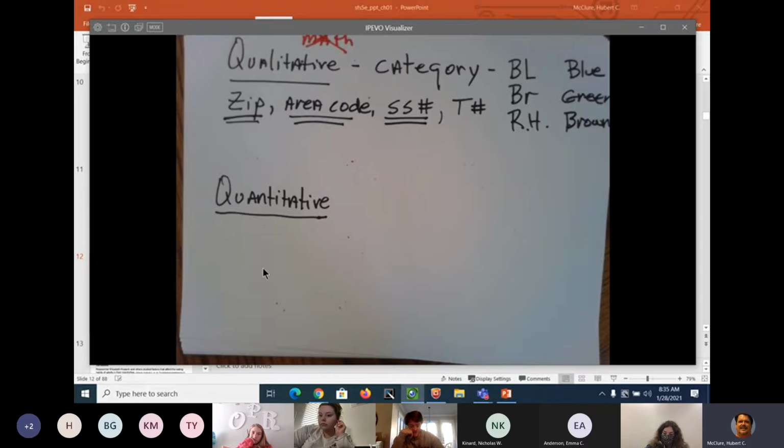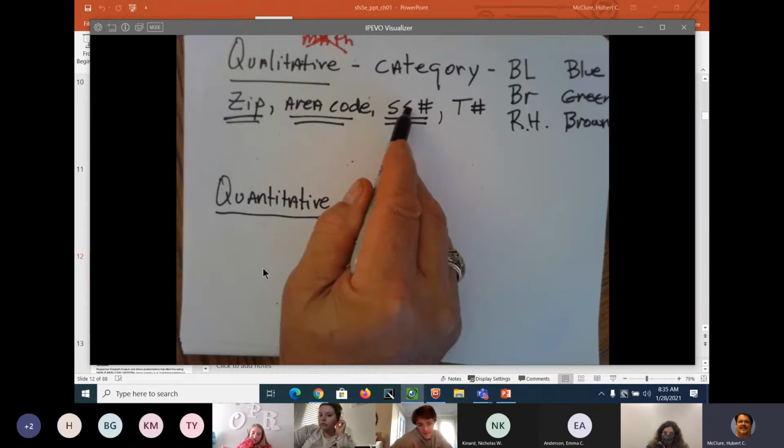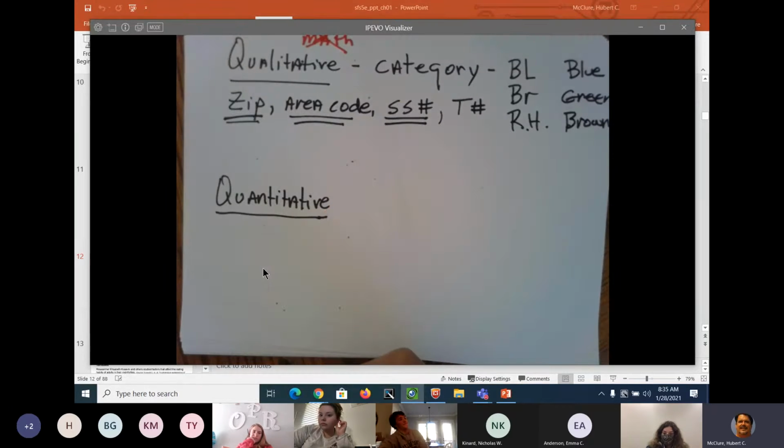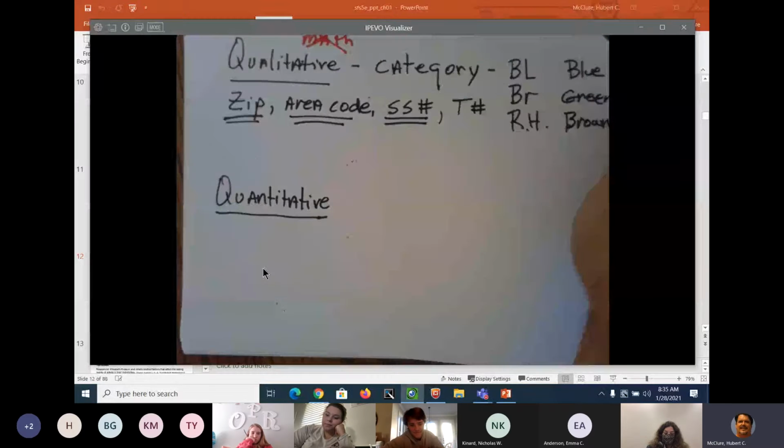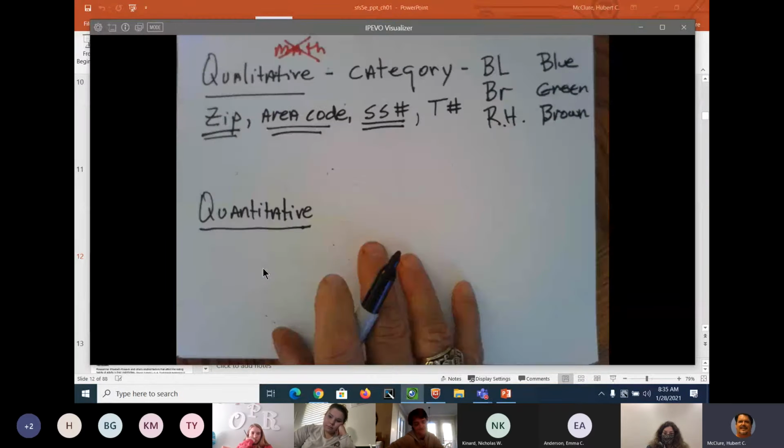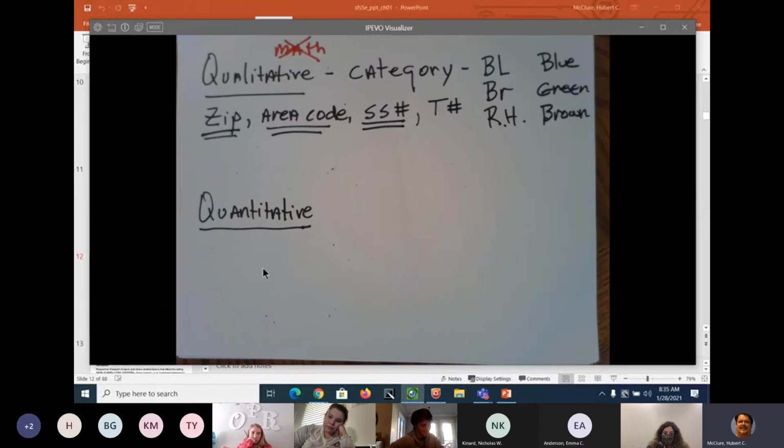That will get you on a test because you think because it's numbers, it is quantitative. It's got to have a mathematical meaning. It's got to have a mathematical weight to it. 29626 as a zip code means nothing as far as mathematical meaning.